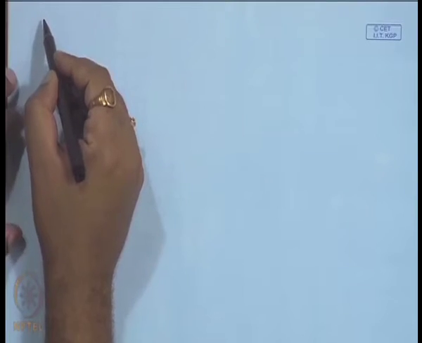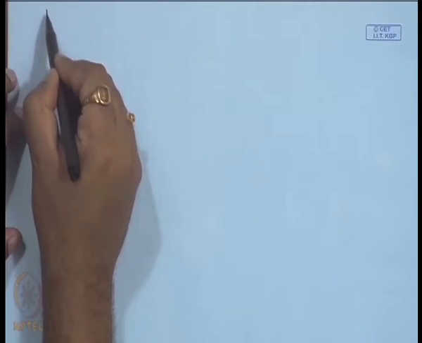Now, what will be the deflection, slope, bending moment and shear force expressions if the infinite beam is subjected to a triangular loading? So, the next case is the triangular loading.